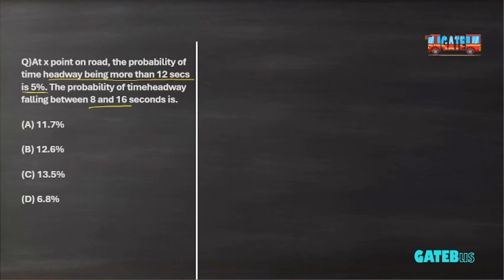So to solve this, probability of headway more than t is equal to e power minus lambda t. So for 12 seconds we got 5%, right?